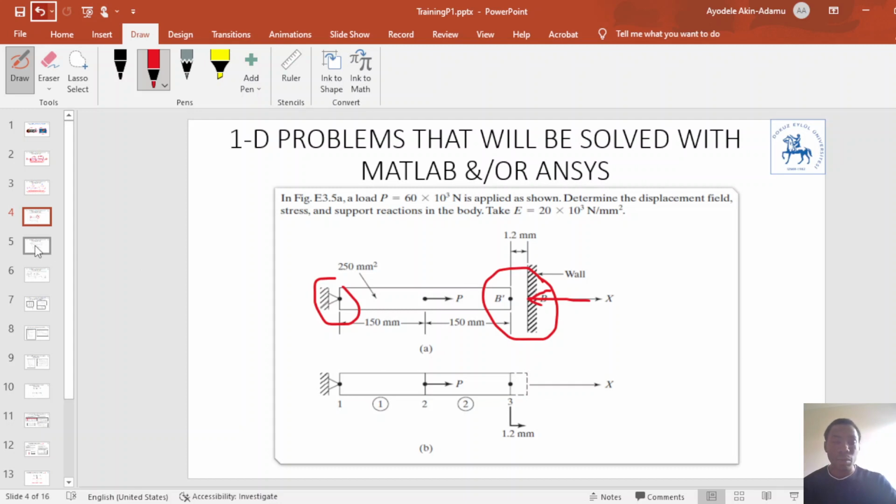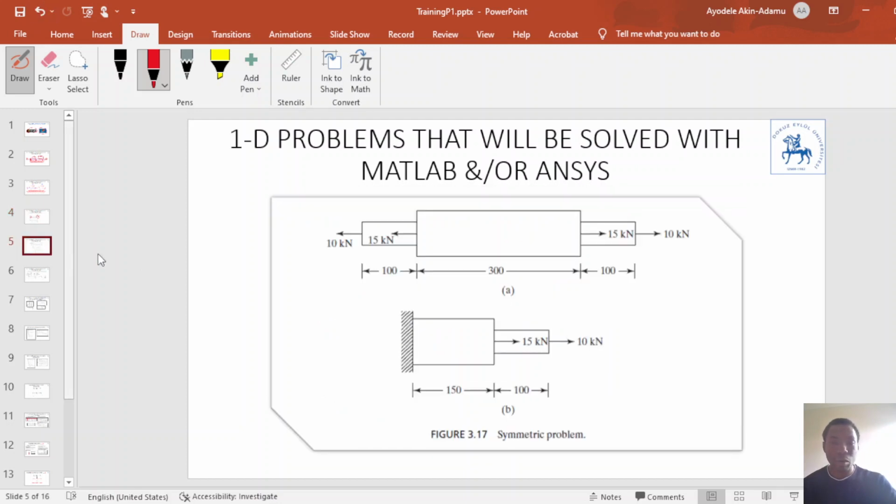The fourth one-dimensional problem that will be covered is a symmetrical type of problem in which the body is both geometrically symmetric and the loading also is symmetric. In figure A, the geometry and the loading are symmetric about this point.